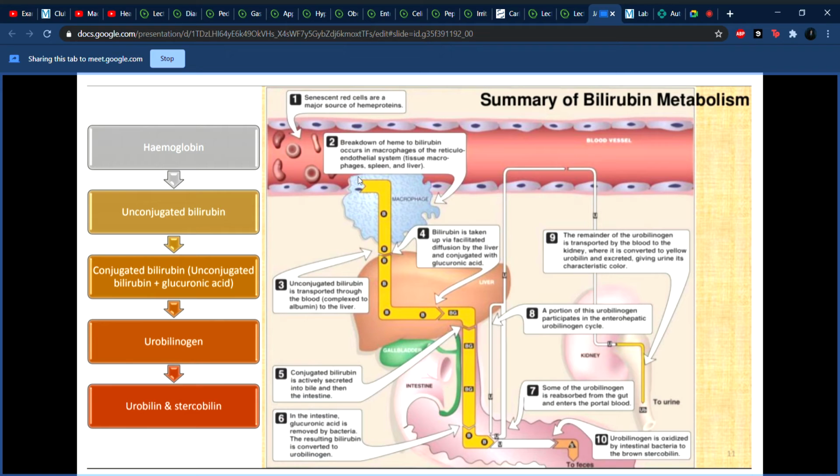Globin is amino acid so it will be taken, and heme will be broken down into iron and unconjugated bilirubin. In order for this bilirubin to be conjugated, it needs to be taken up by the liver, and the liver has an enzyme to conjugate the bilirubin, which is then known as conjugated bilirubin. It will be conjugated by glucuronic acid.